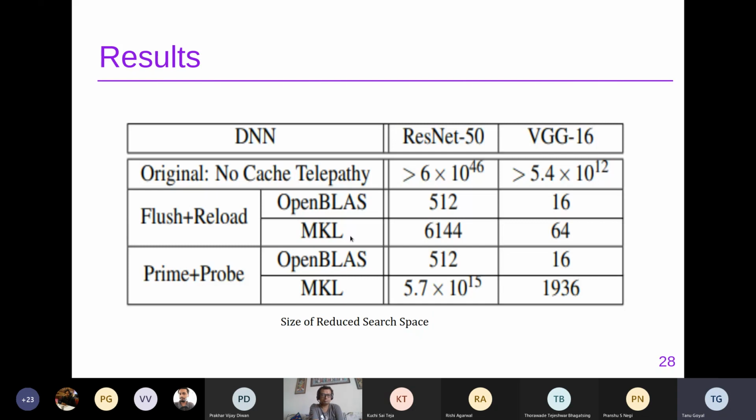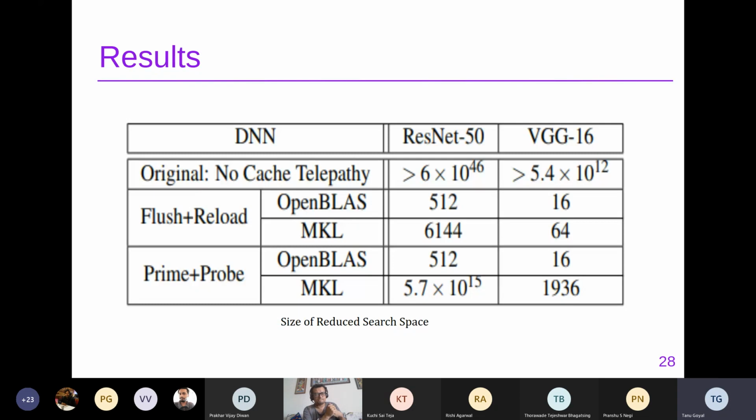OpenBLAS and MKL are two different open source libraries which implement matrix multiplication. The reason we are seeing a higher value for prime and probe for the MKL libraries is that ResNet has smaller matrix dimensions when we are trying to do the matrix multiplication, and MKL handles small dimensions in a special way.